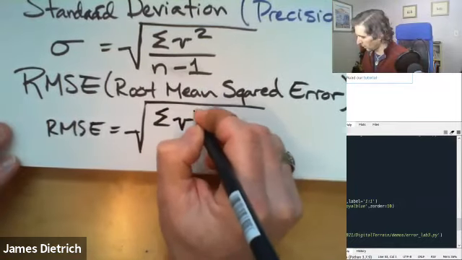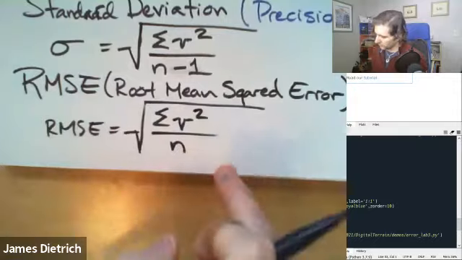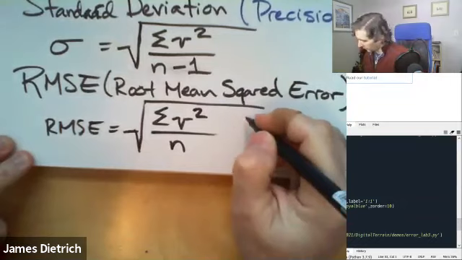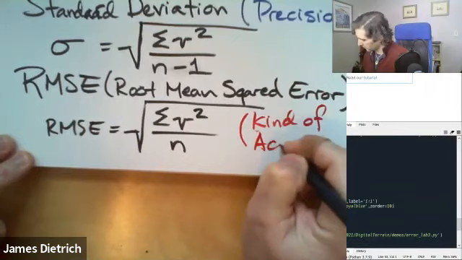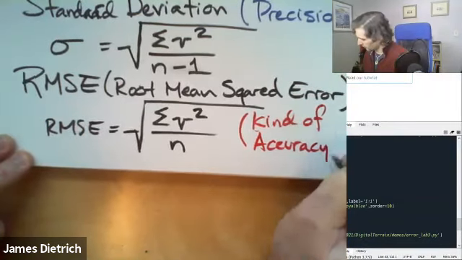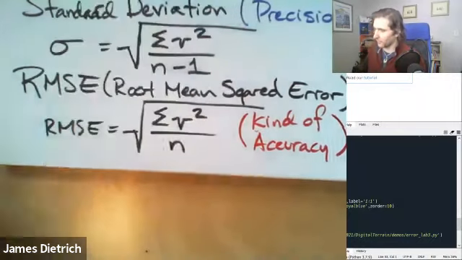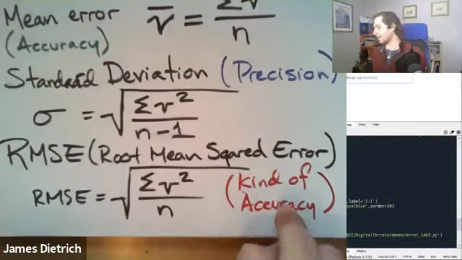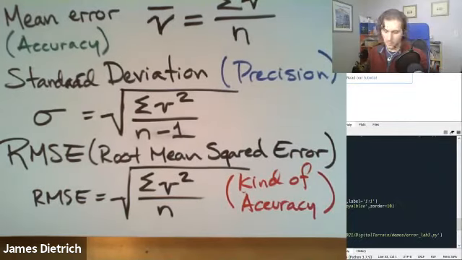The sum of our errors squared, and in this case, it's just over n. So very similar to standard deviation, but over n. And this is, call it, a kind of accuracy. It's not quite as good a measure of accuracy as our mean error, but root mean squared error is an accuracy measure, even though it looks very similar to our precision measure.